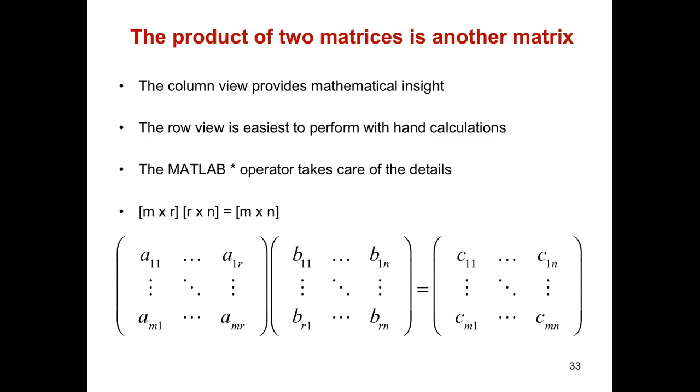So if I have two matrices, and one of them is M by R, and the other one R by N, then I can multiply them because I have matching dimensions. I have R columns here and R rows. So every time I look at two matrices, the first thing I have to check is, can I make this multiplication? And I can only if the so-called inner dimensions match.